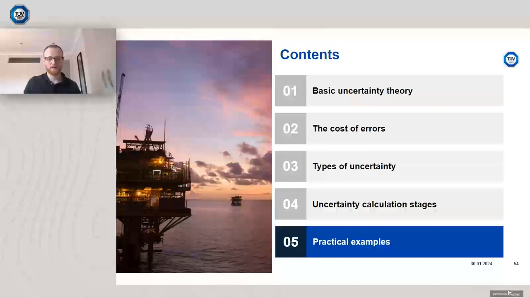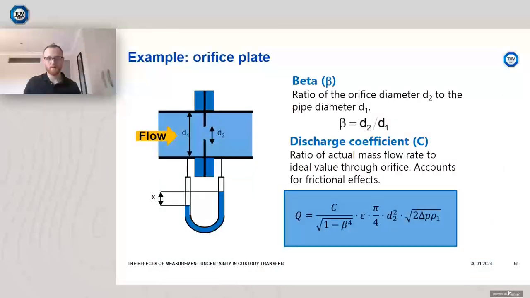So if we look at a few practical examples. Take an orifice plate, which for those of you who don't know, and I assume a lot of you will, is a differential pressure flow meter, where the flow rate is proportional mostly to the differential pressure across the plate.